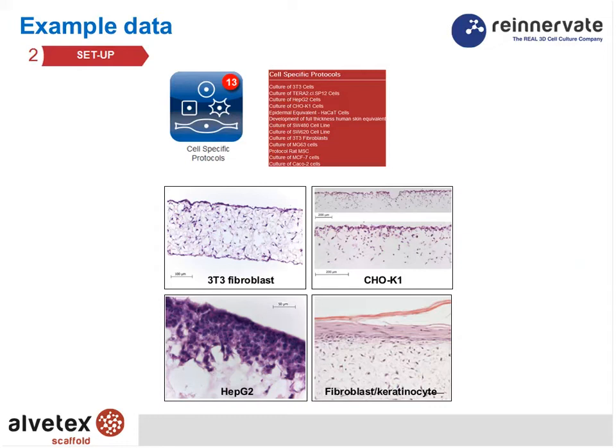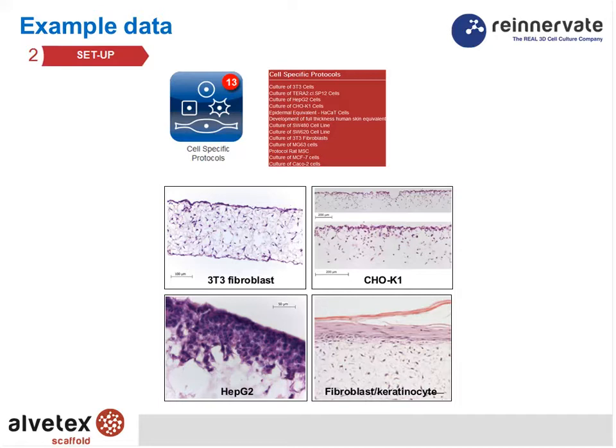In terms of what these protocols contain, apart from specific details on how to prepare your cells, what sort of densities you ought to be seeding, you will also find representative data in the form of histological images, and also some cell viability data as well.